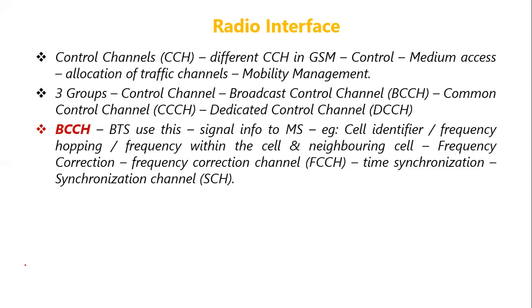It uses the channel called frequency correction channel for correcting the frequency, and it uses the channel called synchronization channel for synchronizing the time. Frequency synchronization is done through FCCH, and time synchronization is done through SCH. So this is about broadcast control channel.